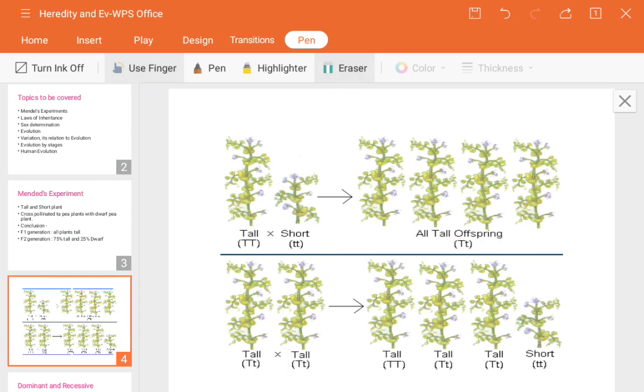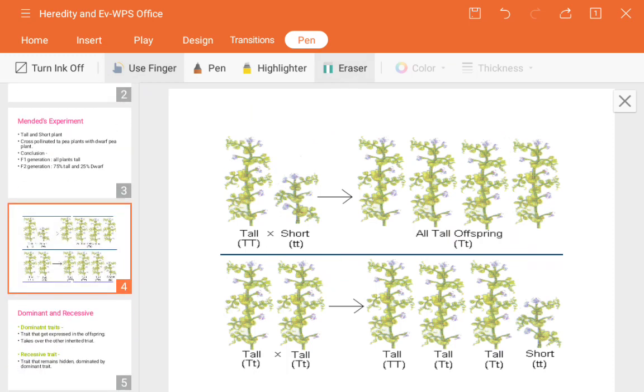Just to understand in a simple way, two copies of a trait, along with height, are inherited in each sexually reproducing organism. So what happened here, guys? Tall and dwarf plants were the two traits of height. One is a taller one, another is a shorter one.